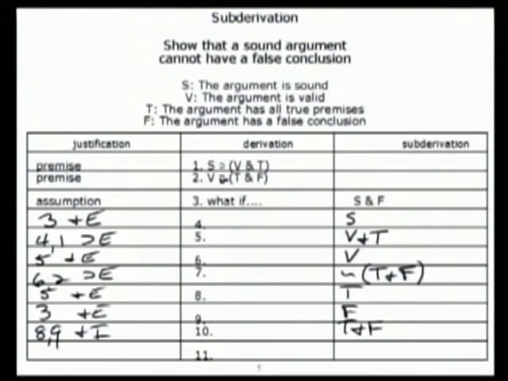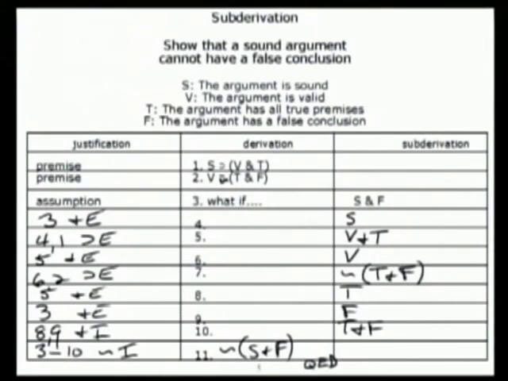So we know that our assumption can't be right because it leads us to contradictory conclusions. So from 3 through 10, and this is the convention for this, by curl introduction, we get curl (S and F), which proves what we were trying to prove.